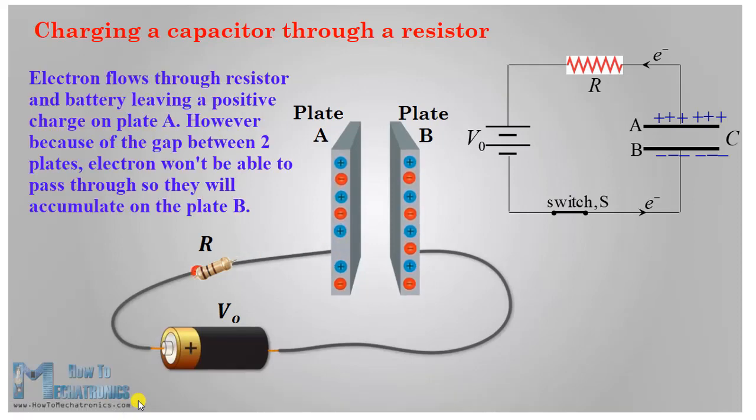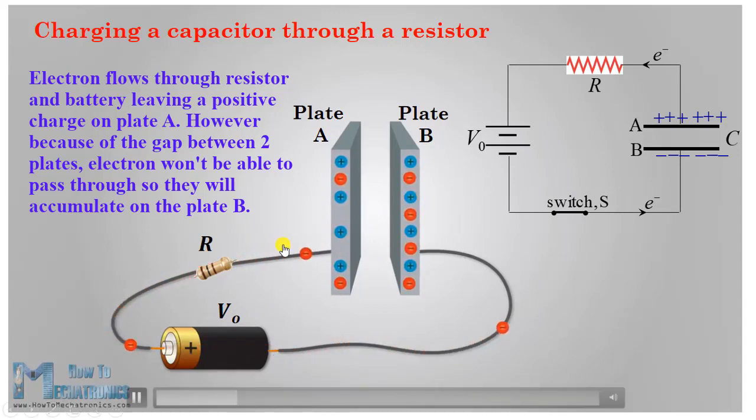Electrons flow through the battery, leaving a positive charge on plate A. However, because of the gap between the two plates, electrons won't be able to pass through, so they will start to accumulate on plate B.